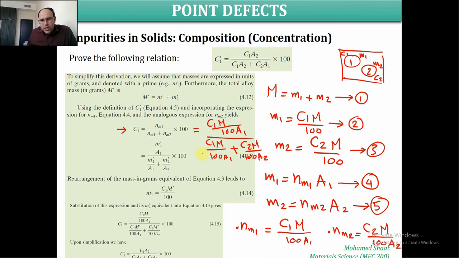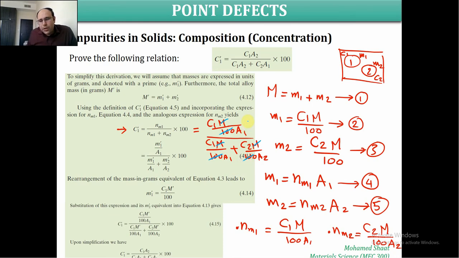Agree? So simply we can cancel this 100 with the 100, and the M with the M. This is the total mass of the alloy, still the same.